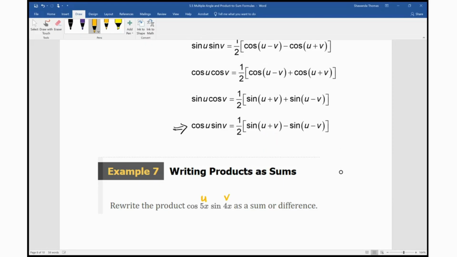All right. So let's rewrite cosine 5x times sine of 4x equals. Okay, that's our u, that's our v. This formula says 1/2 times sine of u plus v. u is 5x plus 4x, minus sine of u minus v, 5x minus 4x.